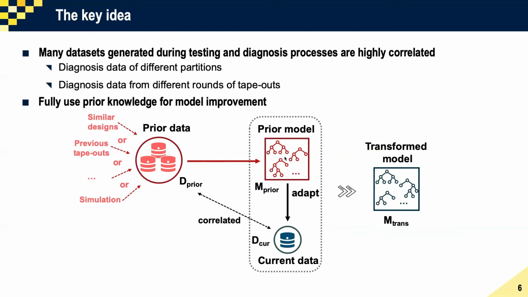Then the prior model is adapted to the current data, and then it becomes a transformed model. Because this transformed model combines both prior knowledge and information from the current data, it is supposed to have a better performance than a model that is trained purely on the current limited data.